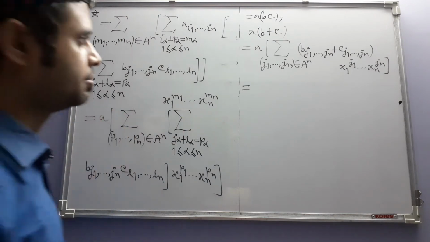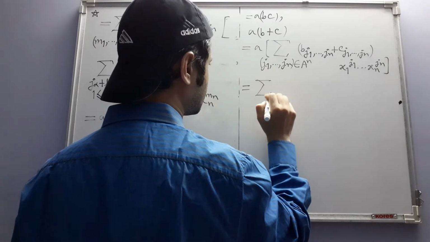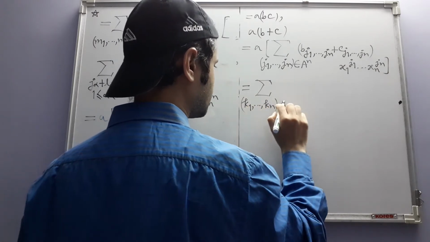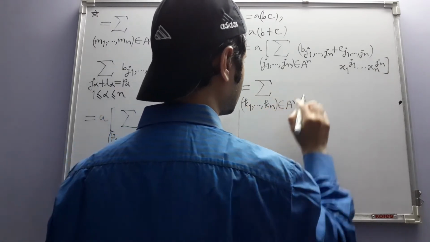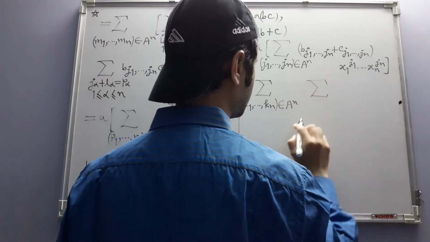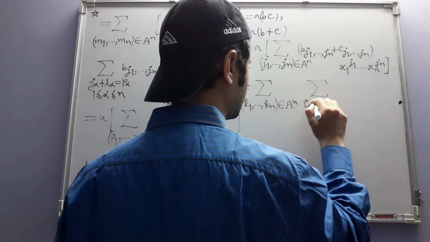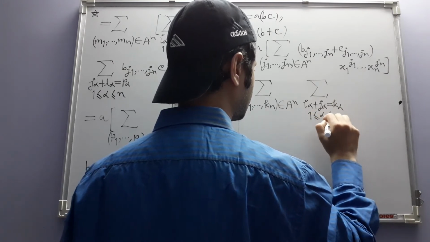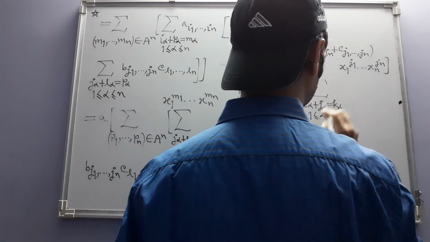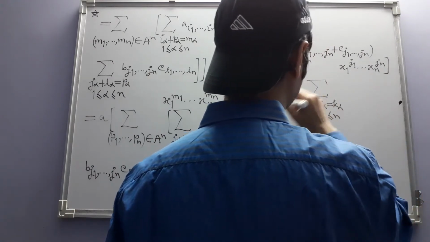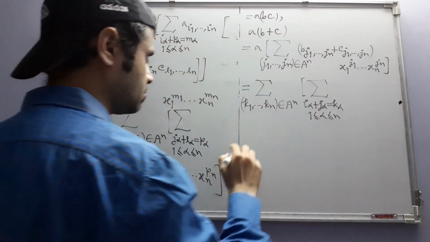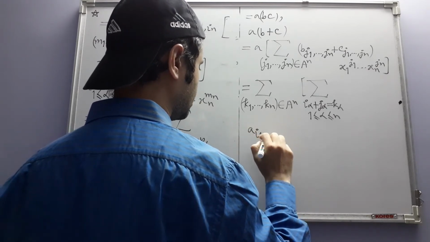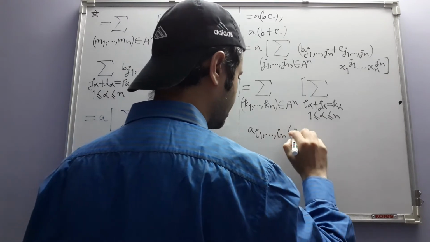That's why I am using J. I alpha plus J alpha is equal to K alpha. A I1 I2 up to In times.